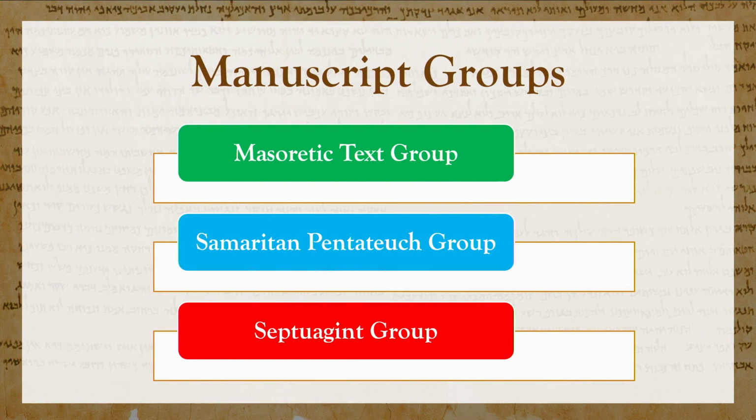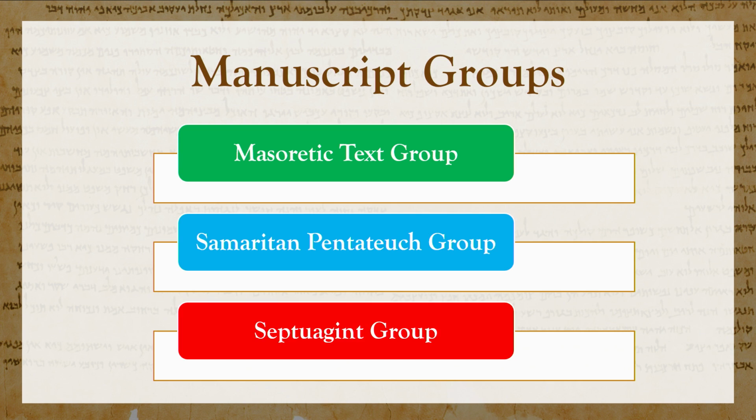So it's not necessarily just a straightforward process. But we have these three groups of manuscripts, right? We have the Masoretic Text group, which has so many in it. Then you have the Samaritan Pentateuch group, which is a smaller group. And then we have the Septuagint group, which is pretty small as well. But each of these three groups of manuscripts is important for figuring out what to do when they disagree with each other. Manuscripts are multitudinous, okay?